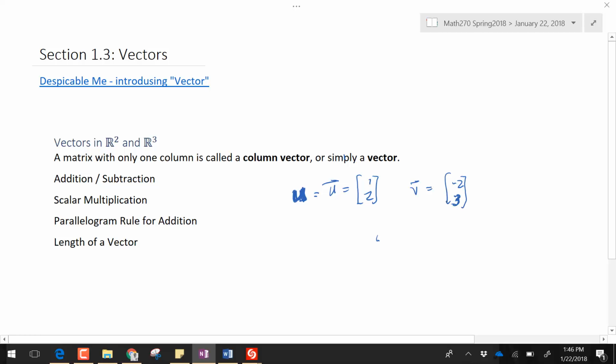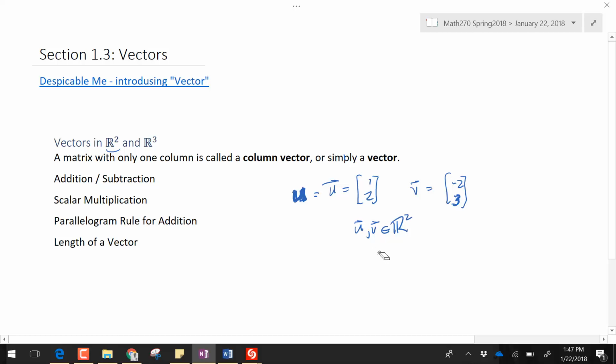So we can take a look at an example of vectors in R2, and we use R2 to represent a two-dimensional plane. We use R3 to represent three-dimensional space. And we'll use R4 to represent vectors that exist with 4 components. But in R2, we'll use this symbol.